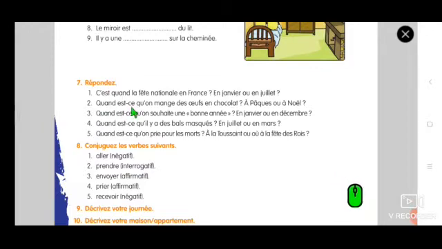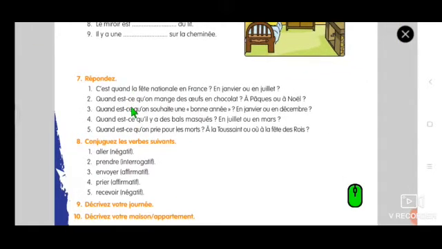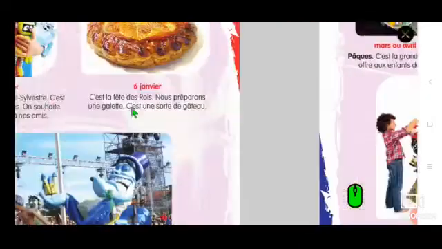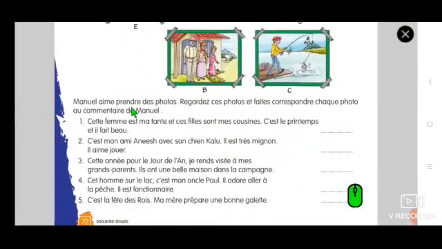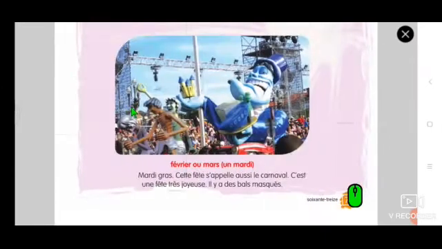In that case you have to learn it, and those questions might be asked for choose the best answers or true or false. Even if the lesson itself has a French passage, based on the French passage there will be some exercises, right? So those exercises would be asked.